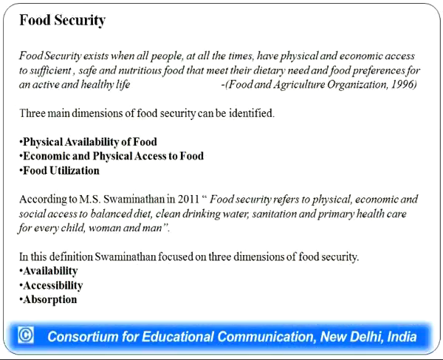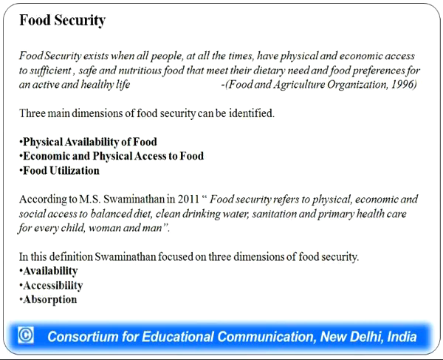I would like to quote here a very important UN organization, the Food and Agriculture Organization, 1996: Food security exists when all people at all times have physical and economic access to sufficient, safe and nutritious food that meets their dietary needs and food preferences for an active and healthy life.